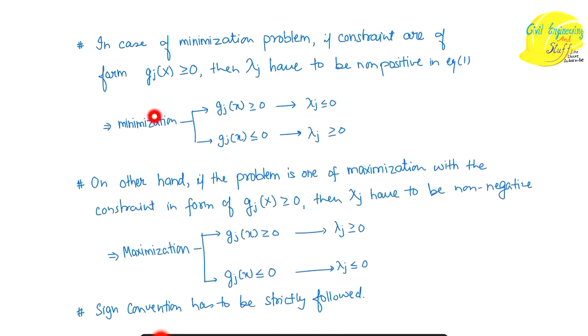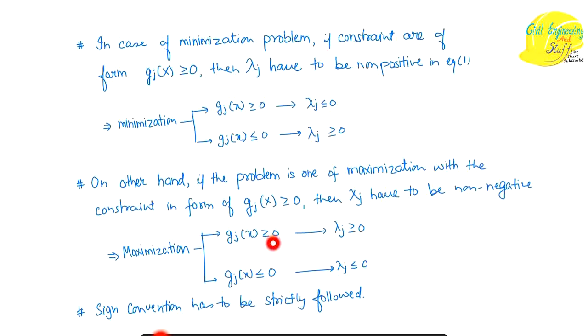If you are going for minimization and our constraint is less than or equal to 0, the condition will be lambda j greater than or equal to 0.